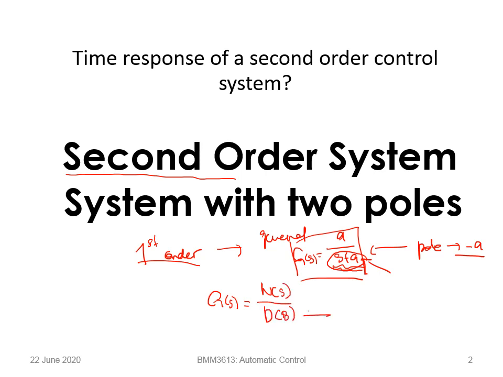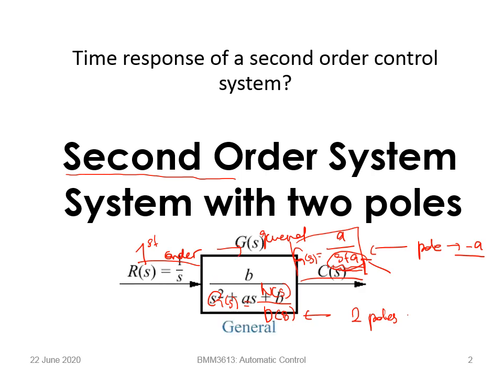When the denominator is a second order polynomial, then you have what we call a second order system, where you have two poles in the transfer function, right? That's the difference. I've scribbled something over the transfer function here.